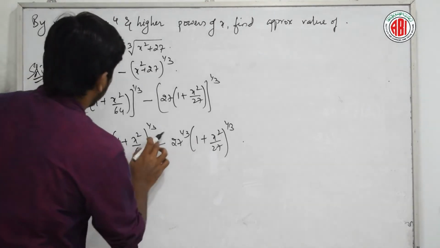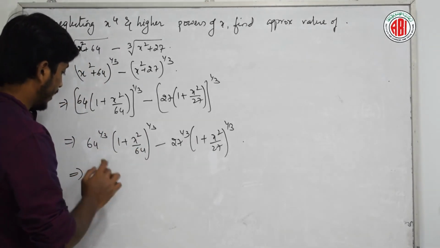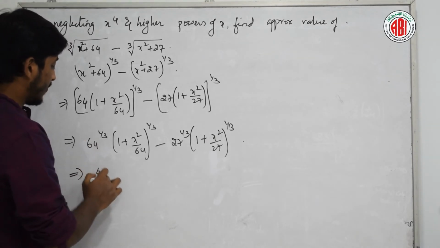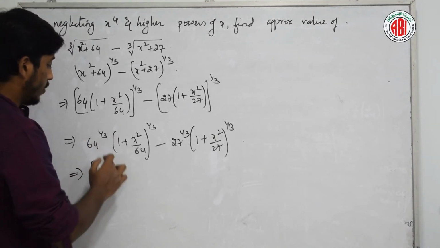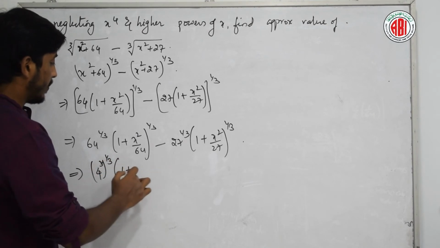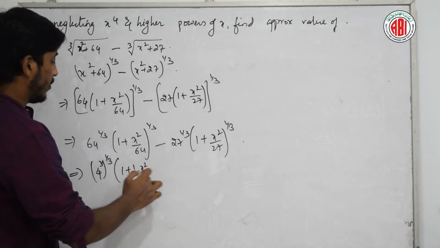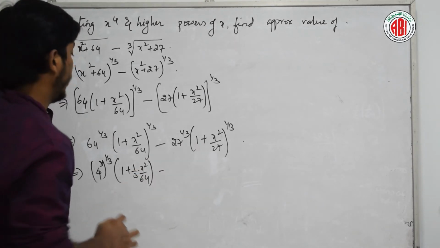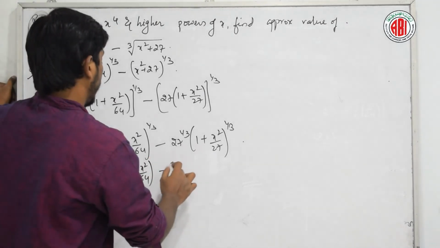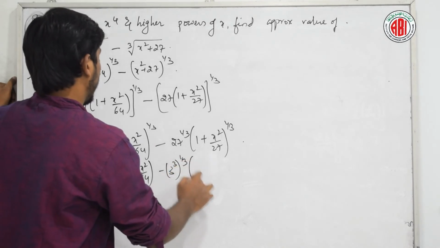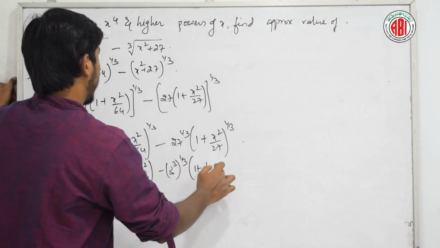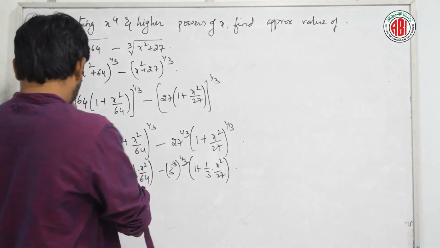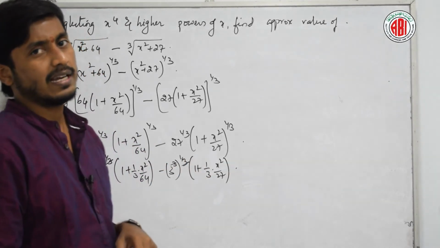Fine. So this is nothing but simply 64^(1/3) is (4³)^(1/3) into 1 + 1/3 into x²/64. Is it right? Fine. Minus here (3³)^(1/3) into 1 + 1/3 into x²/27. 3 got cancelled. So what is left here?